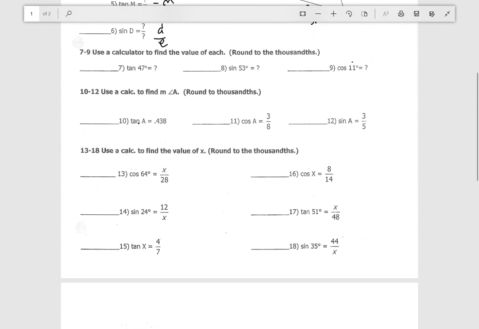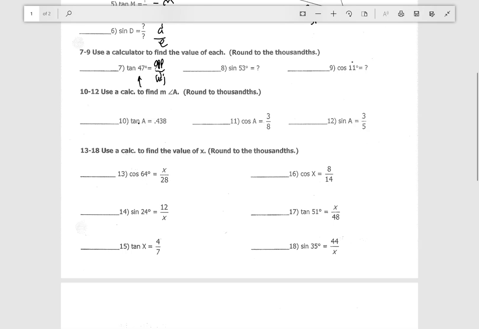Tangent of 47 degrees. So what this is saying right now is you have a 47-degree angle in your triangle. There is some ratio. Because it's tangent, it's TOA, opposite over adjacent, so there is a particular number, maybe like 3 over 2 or 5 over 7, where there's a ratio between these two sides that would always be defined for a 47-degree angle.